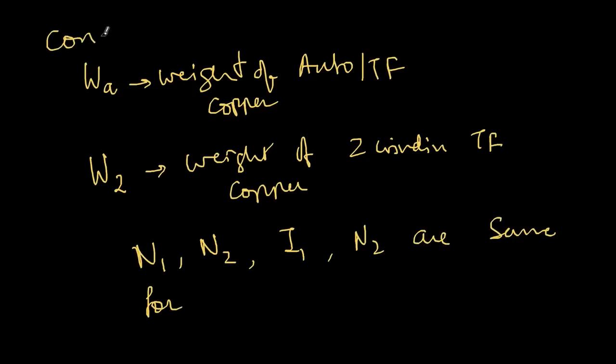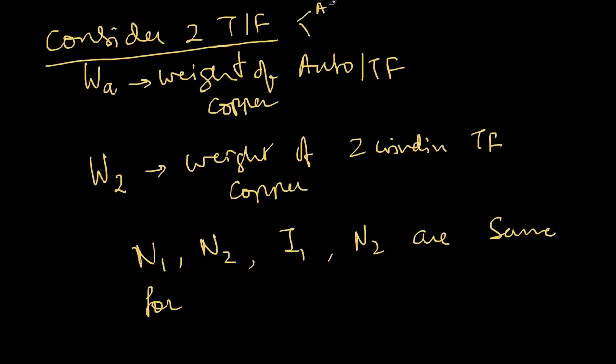So consider two transformers: one is an auto transformer, and the other is a regular two winding transformer. Both have the same N1, N2, I1, I2. But for the second one we use more copper, and for the first one we use less copper. That's what I want to say.